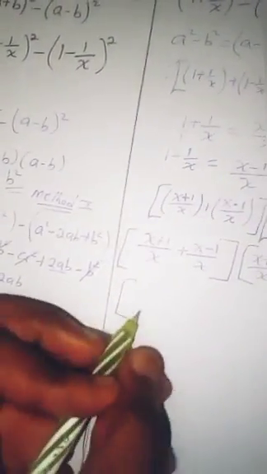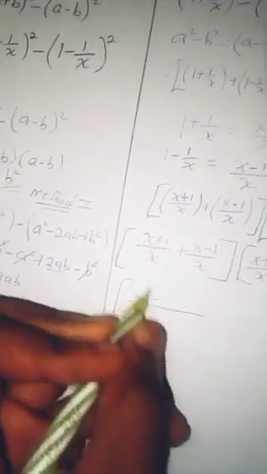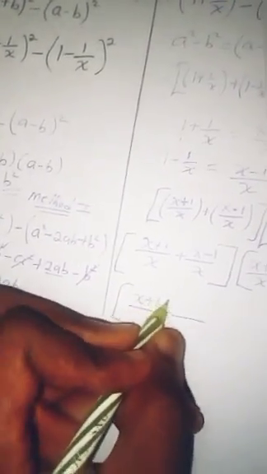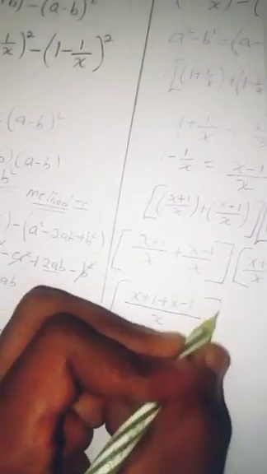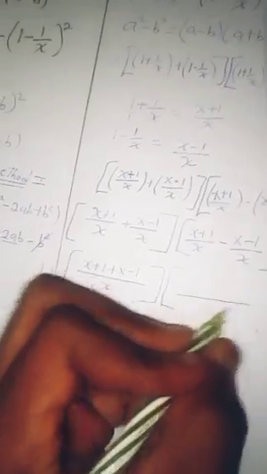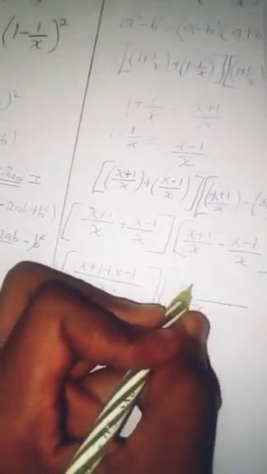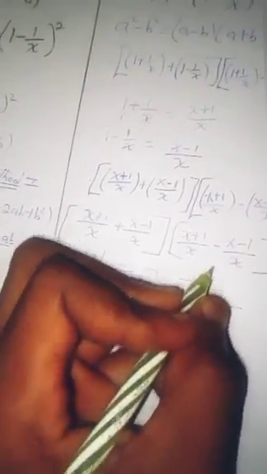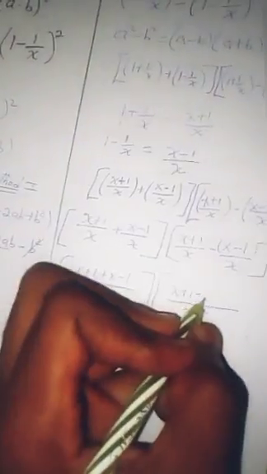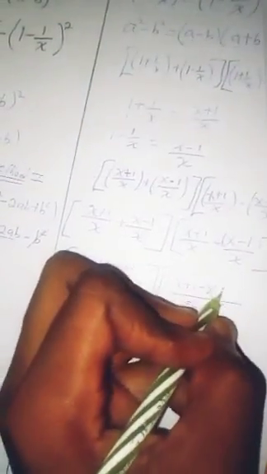Good. Since the denominators are the same, we take one denominator and add the numerators: x plus 1 plus x minus 1. The same is applied to the next: x plus 1 minus, and now the negative affects this term, so negative x, and negative and negative is positive 1.